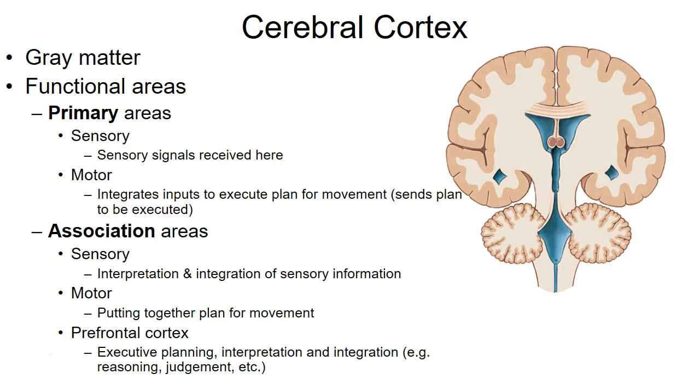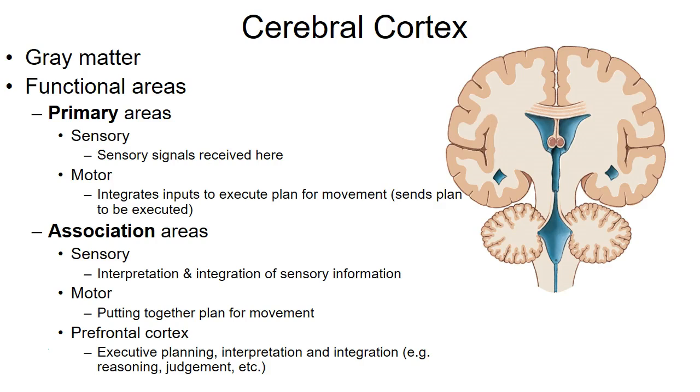I want to start off talking about primary and association areas. Remember the primary area for sensory information. If you think about the route of information, first it has to have some sort of destination, and then you're going to use information to try to identify and interpret what that sensory information is.